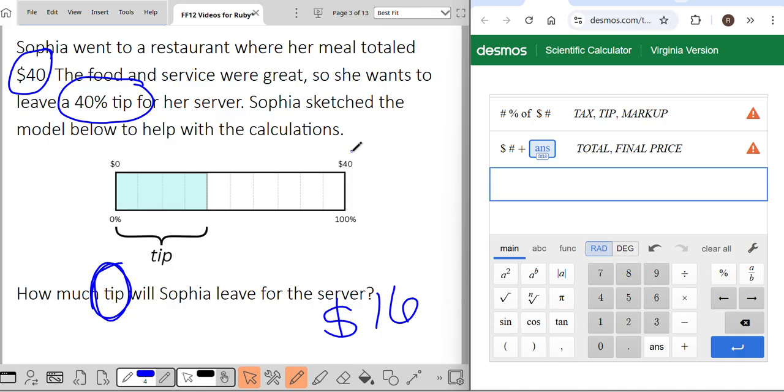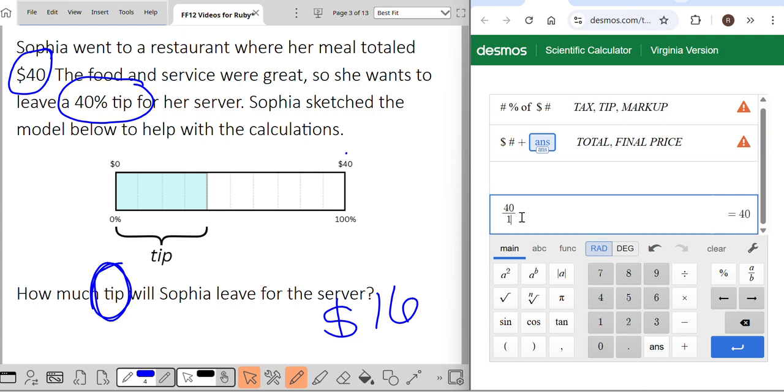If you know the whole thing is 40, and there are 1, 2, 3, 4, 5, 6, 7, 8, 9, 10 boxes or 10 places in that model. Let's take $40 and divide by 10. That means each little block is $4.